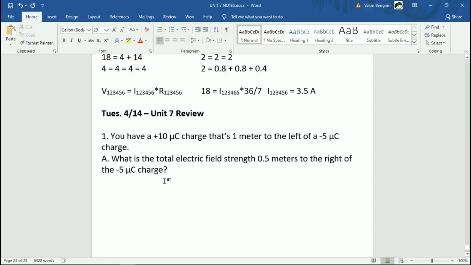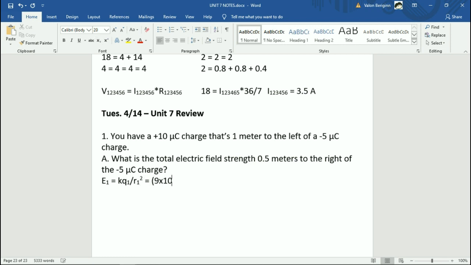How this works is we are going to solve for the fields independently. There's a field caused by the positive 10 charge and the field caused by the negative 5 charge, so we're going to solve for those independently. The field strength for the first one is E1 = kQ1 over r1 squared.